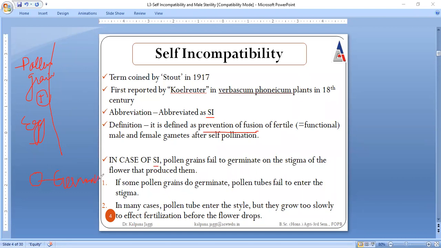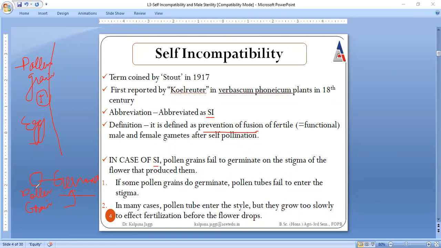Very important. In self-incompatibility, the pollen grain germinates, but after the germination, what happens?